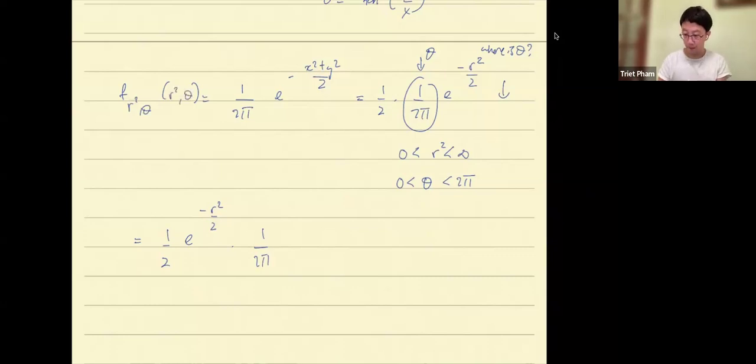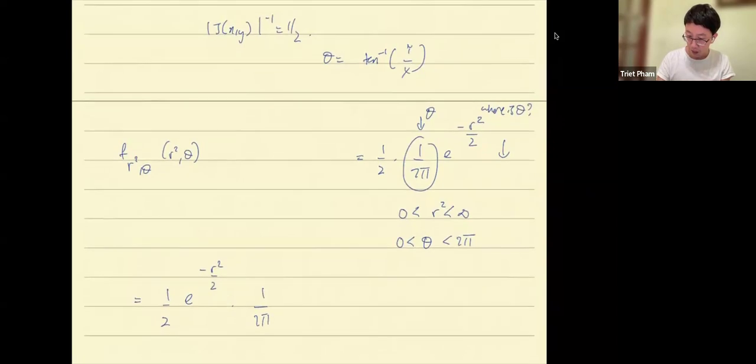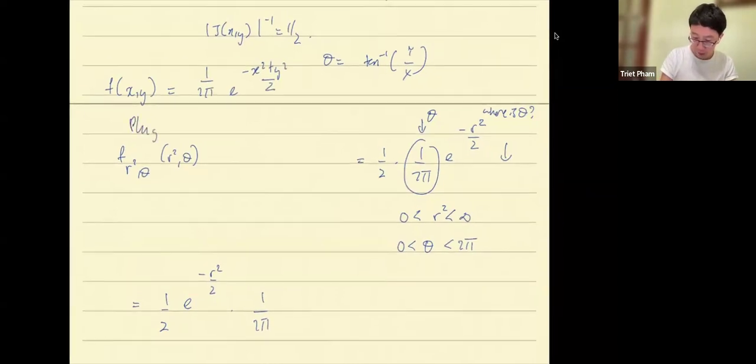And then forget this. That's just plugging in. What I meant was you have f of x y, which is 1/2 pi e to minus x squared plus y squared over 2. So if you plug in for r squared and theta, you get this, right?